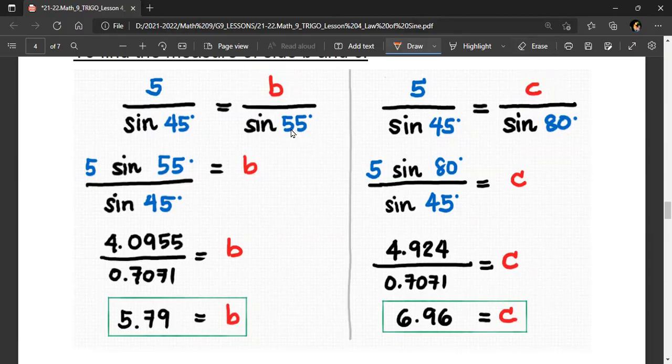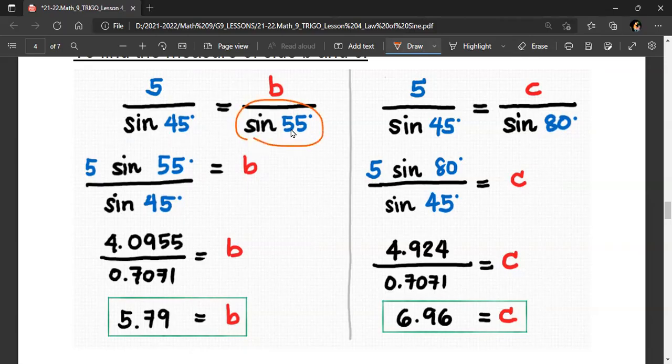Now, on this relationship of sine law, the easiest way for us to compute is to cross multiply. We multiply the numerator to the denominator and the denominator to the numerator. But the easiest part is that before you multiply each of it, you take a look at the sine 55.